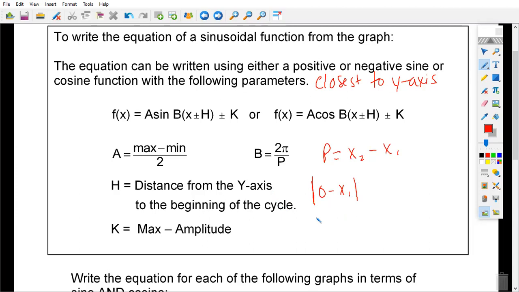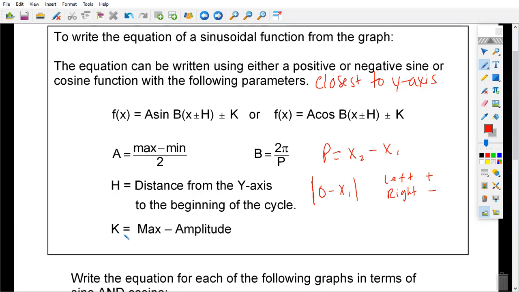Because distance is positive. Your H is going to be where your x is. Keep in mind that if I went to the left, left is going to be plus in my equation. If I went to the right, it's going to be a minus.